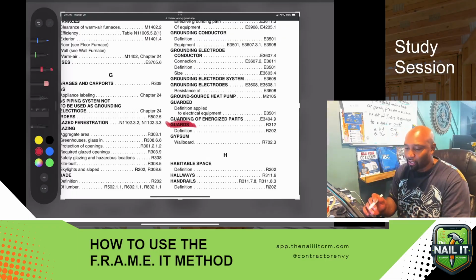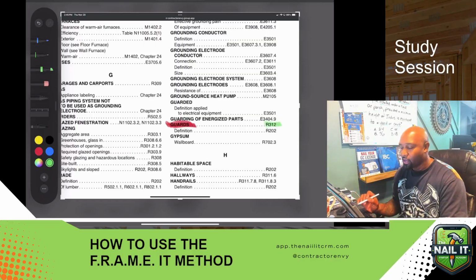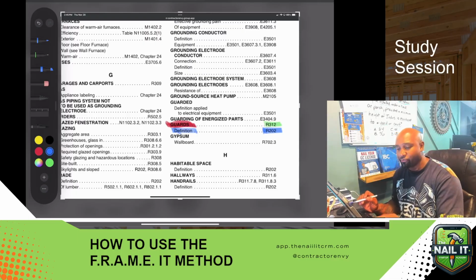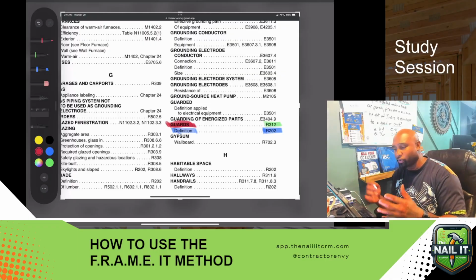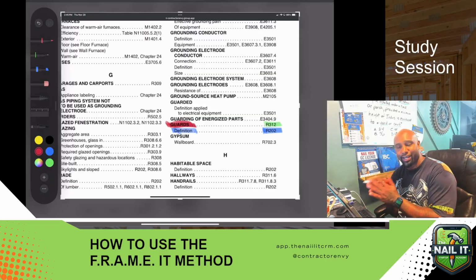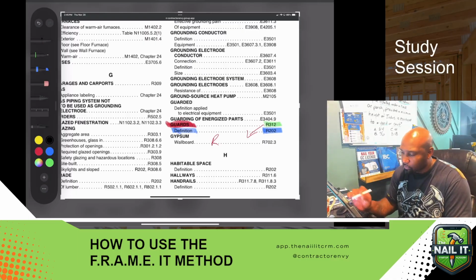So guards is telling us that we are at 312. If you were looking for it in definitions, it's an R202. And if you haven't learned what the R202s and R3s and all that stuff mean, I'll work with you right now, kind of help you out so you can understand what the R's mean. What the R is, we're going to use this one for an example: R is our residential book.